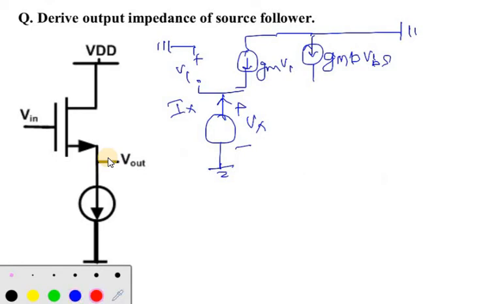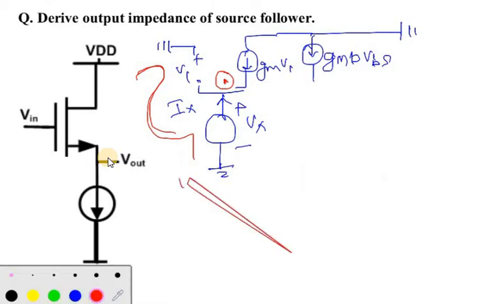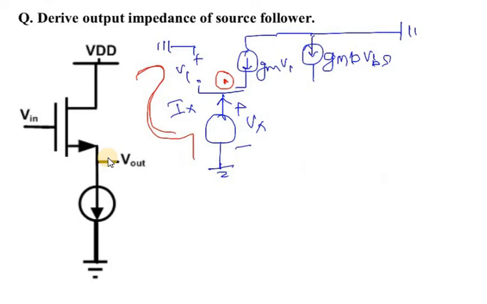Now I can apply KCL at node 1 and KVL in this loop. So if I apply the KVL in this loop, V1 will be equal to minus of Vx, and KCL at node 1 is Ix plus gm.